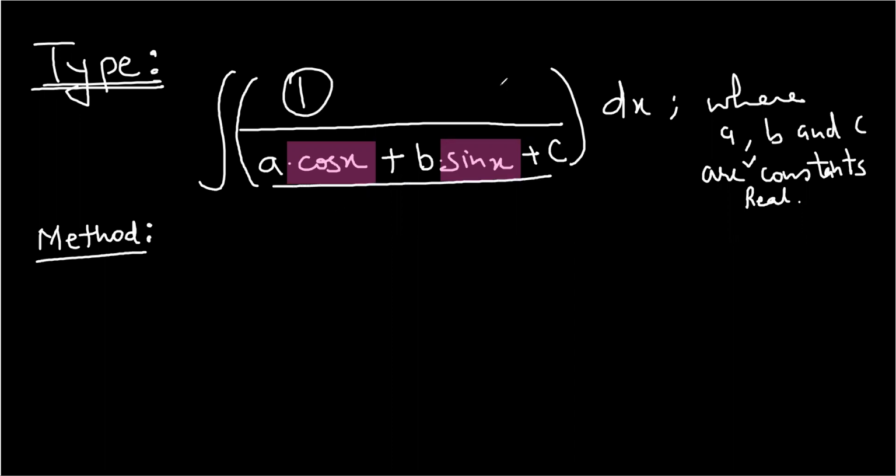Now some students might think that in the earlier type we had squares, so we divided by cos square x, and this time we do not have squares, so instead we will divide by cos x.